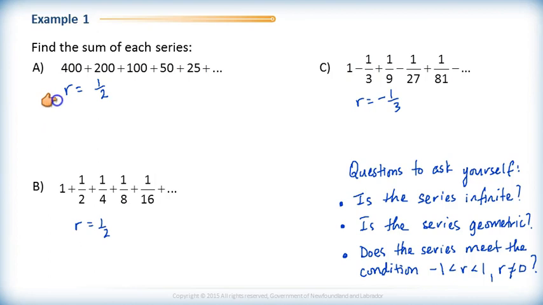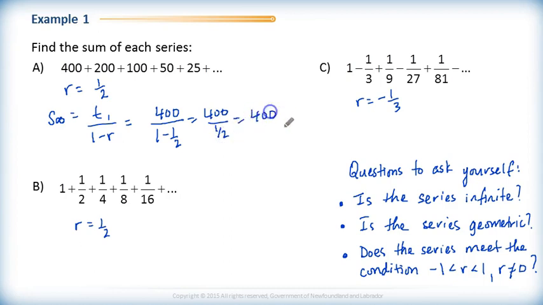So in the first one, it's got an R value of 1/2, so it is geometric, it is infinite, and it meets the condition. So finding the sum of the infinite number of terms, term 1 is 400 over 1 minus 1/2. That's 400 divided by 1/2, which gives us 400 times 2, and we take the reciprocal of 1/2, which is 800.